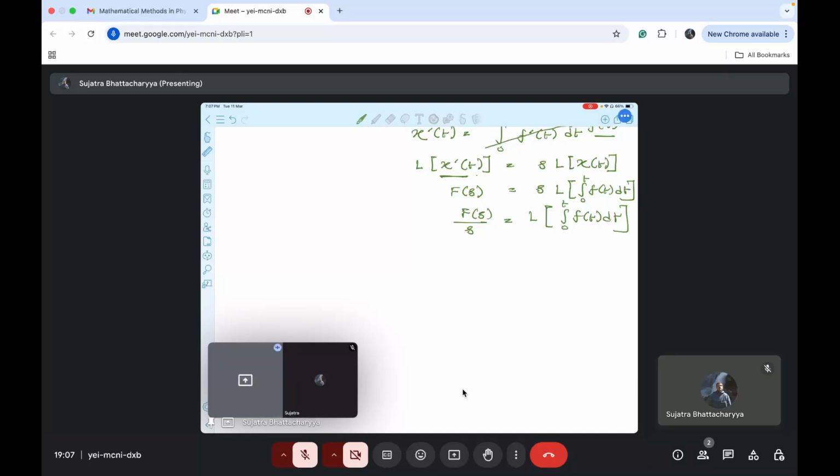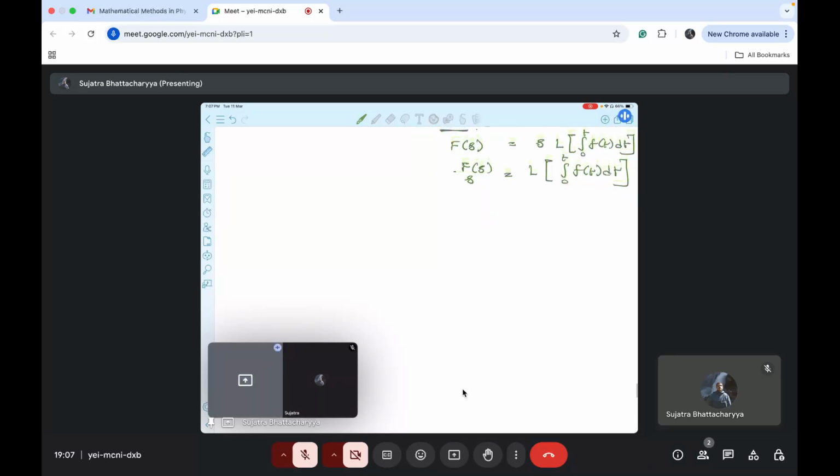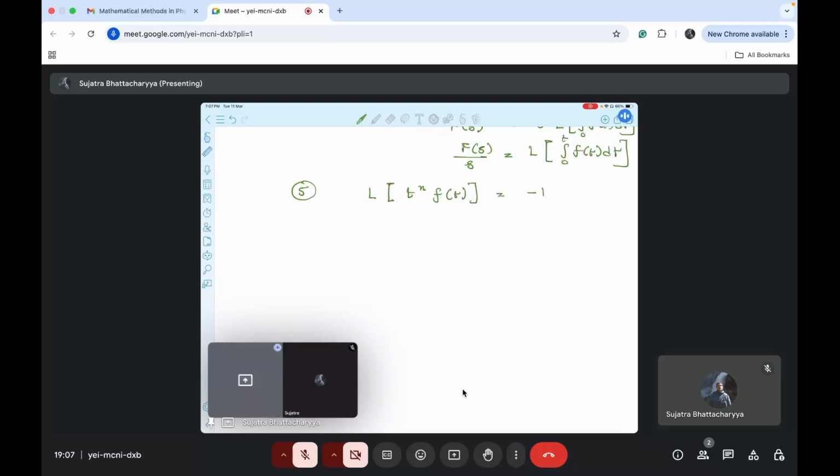Fine. And let me give you another property, which we will prove. The Laplace transform of t to the power n into f of t can be written as minus 1 to the power n, d^n by ds^n of F(s).